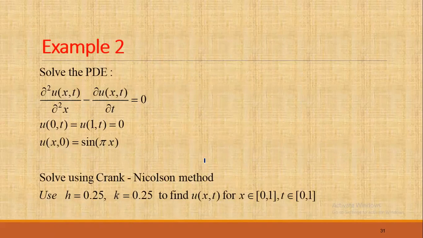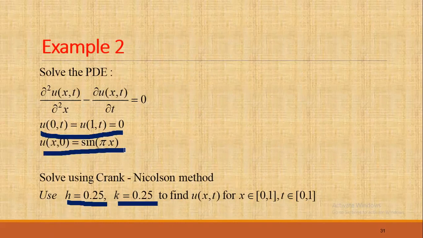Now we solve the same example using the Crank-Nicolson method. In that case we consider h as 0.25 and k is also 0.25. The initial condition is similar, and sin pi x is also similar. First we write this problem in Matlab.